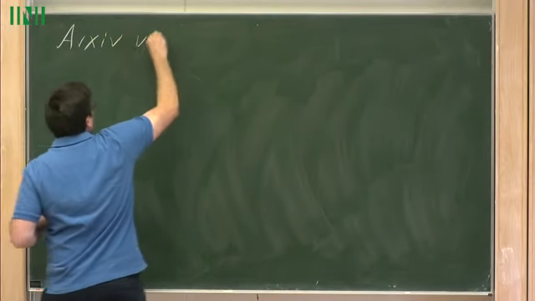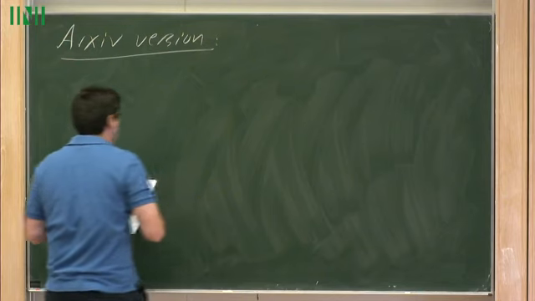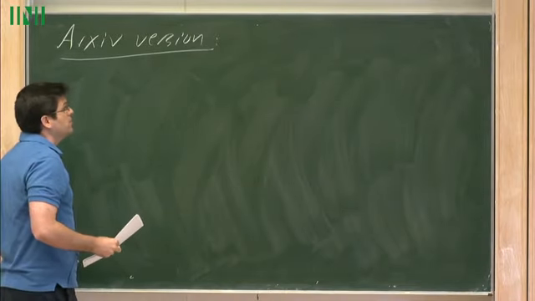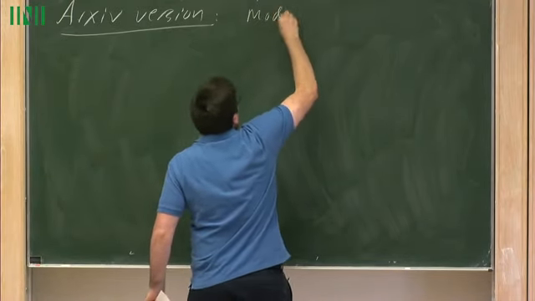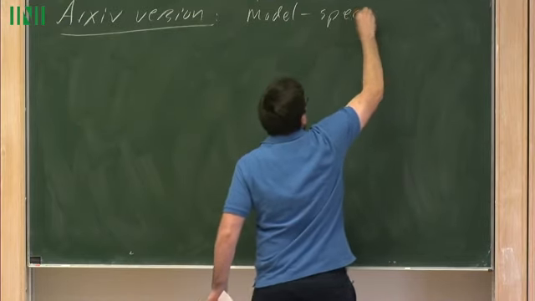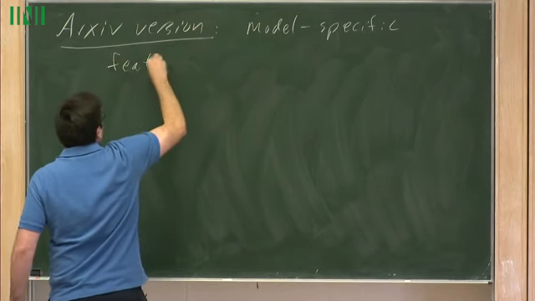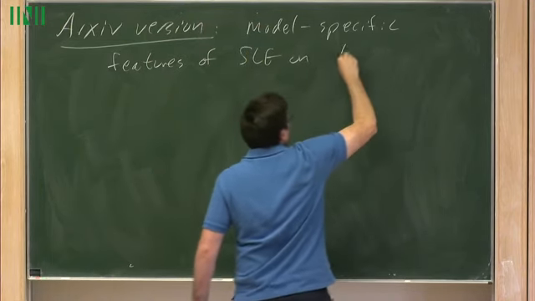The arXiv version of this paper proves an invariance principle for random walk in random environment, where you're using space-filling SLE chunks as your environment. And this arXiv version is actually using a lot of model-specific features of SLE on Liouville quantum gravity.